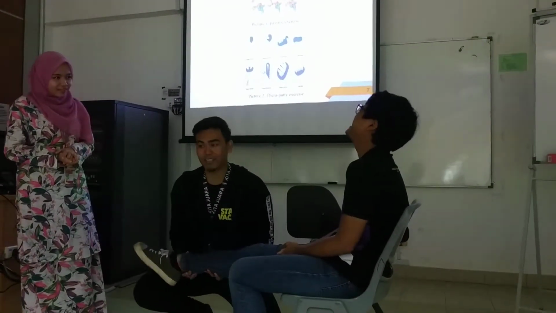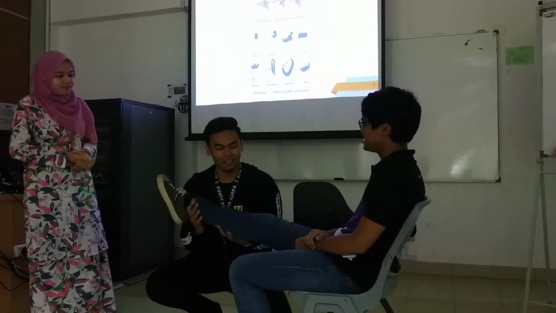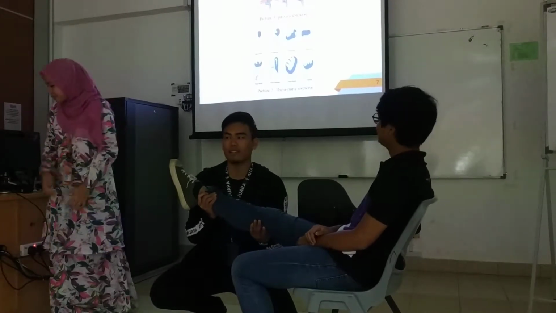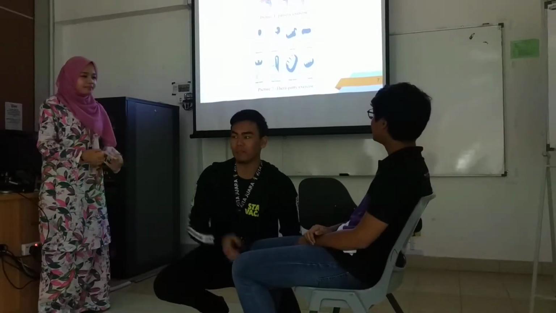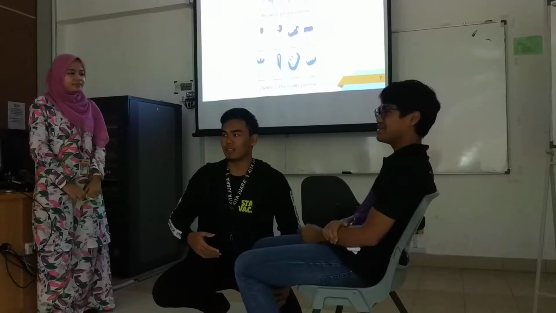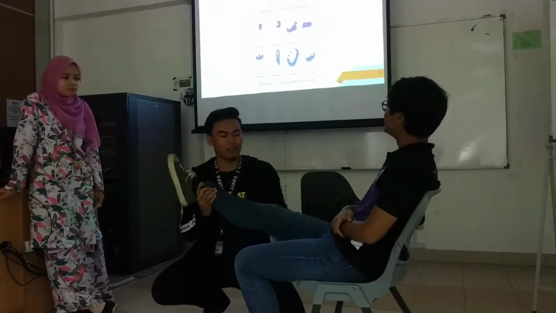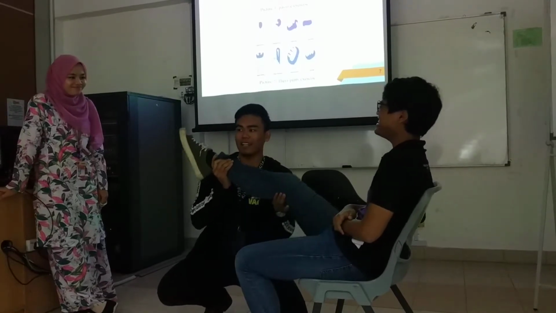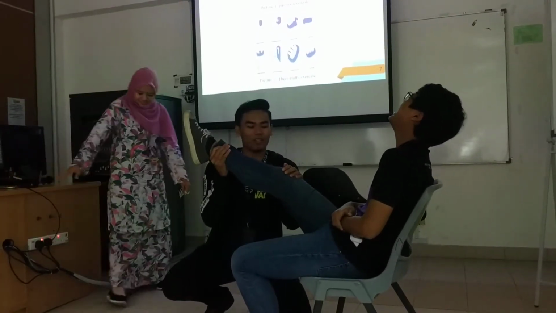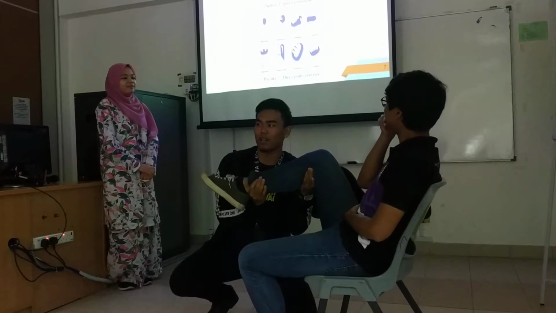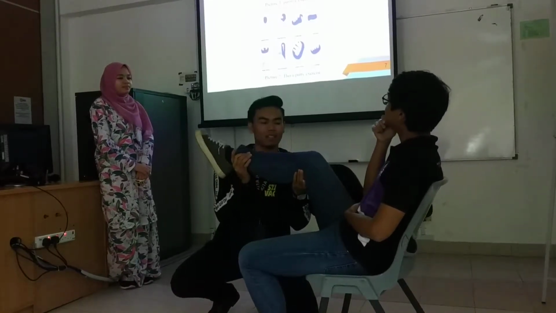The first one is the passive exercise, where we help the patient to move their body. First, we raise the leg, and then we give pressure to make sure the leg is bent. This is the first one.